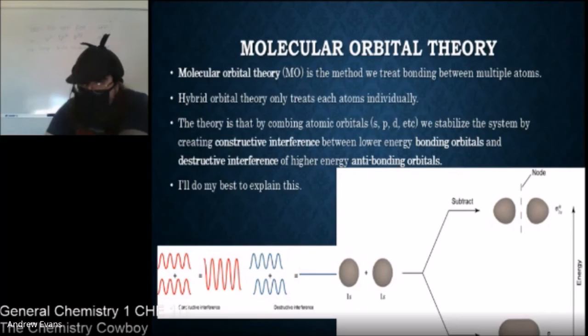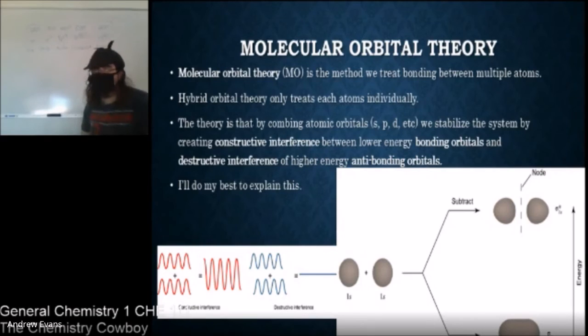So whenever I mix two electrons together, they have some constructive interference, which is called a bonding orbital, and destructive interference, which is called an antibonding orbital. So we split into a high energy orbital and a low energy orbital, like this.